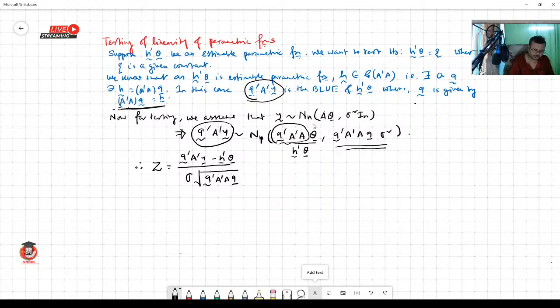So this follows normal 0 1 under h naught, because under h naught h prime theta curl equal to xi.